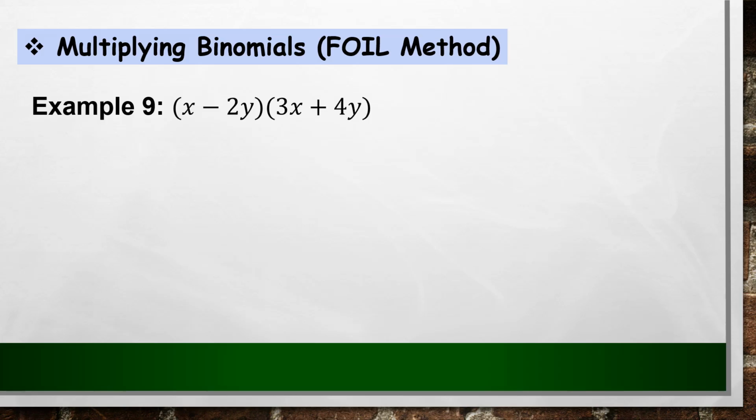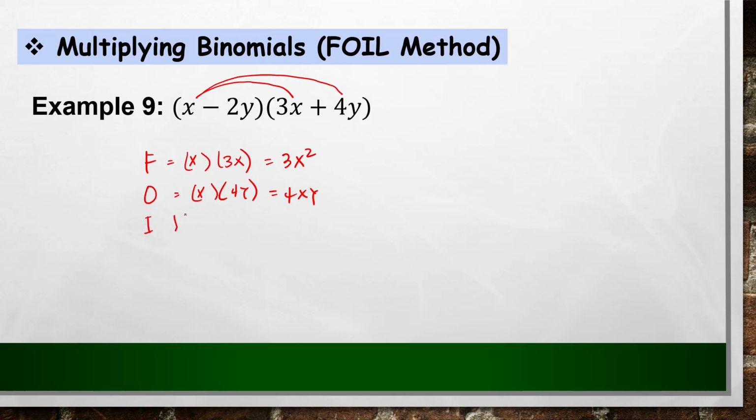Okay, so again, we will use the FOIL method. So F, first terms, that's x times 3x, which is equal to 3x squared. O, by the way, these are the terms that we just multiplied. And then x times 4y is just 4xy.